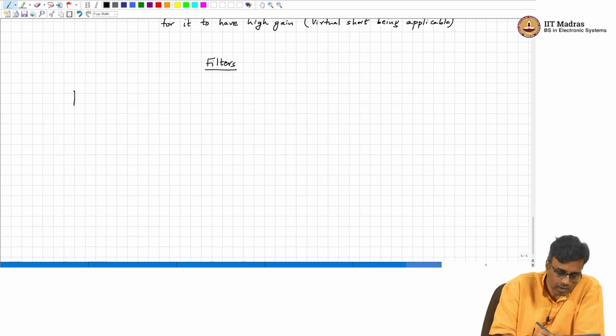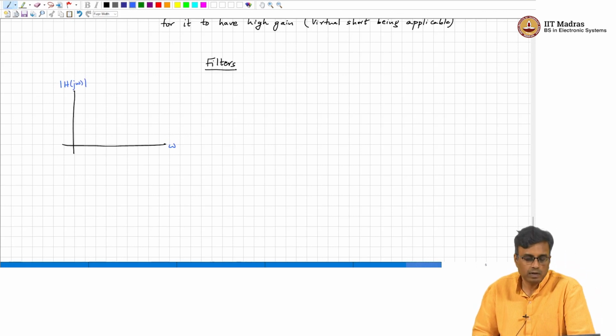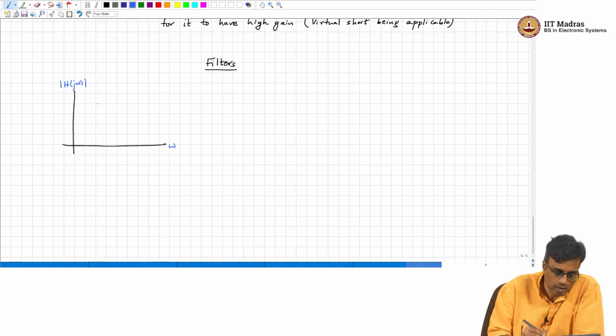For example, this is omega, and this is the magnitude response of the filter transfer function.